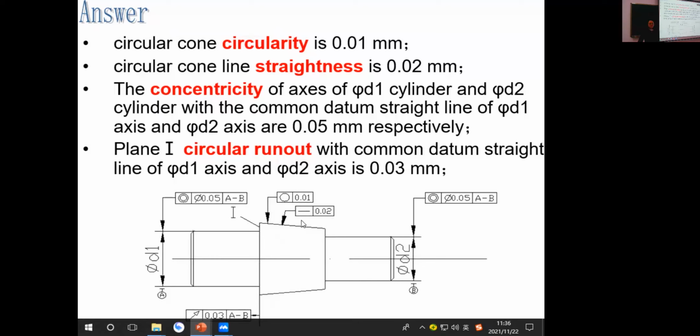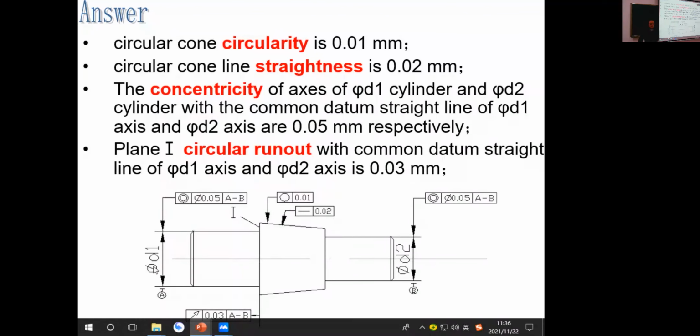And the concentricity of the axis of D1 is here, and D2 is here. Its axis is here, so you need to write the dimension line. This concentricity is in the dimension line, right?